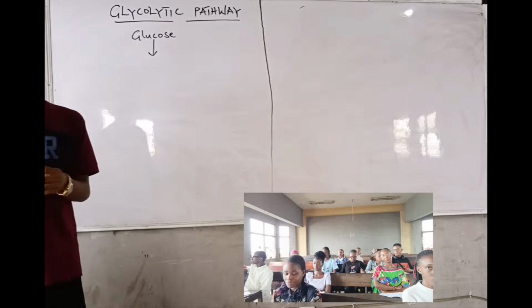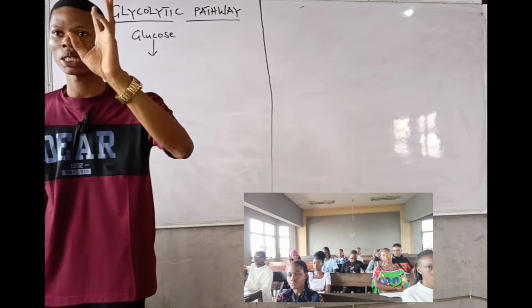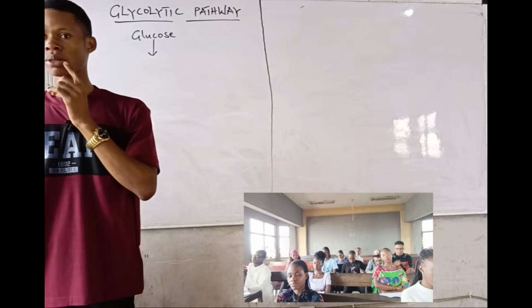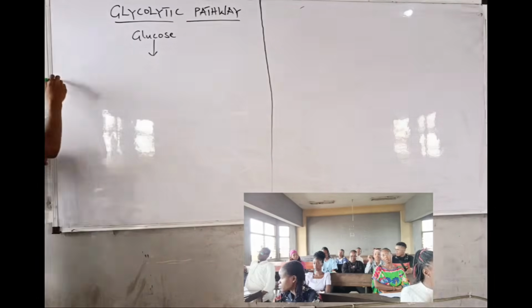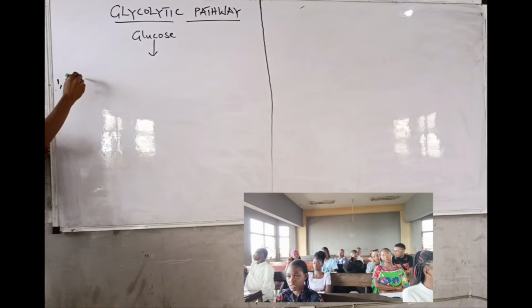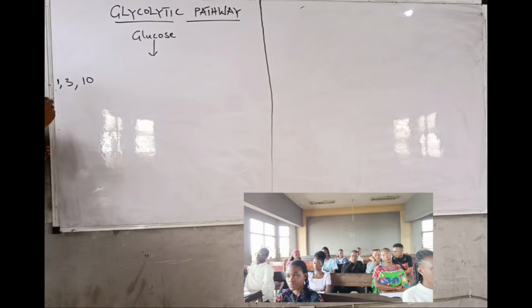Now, there are 3 irreversible steps in the glycolytic pathway. Steps 1, step 3, and step what? 10. Those are the 3 irreversible steps in glycolysis. And recall that if I write the arrow like this, is it reversible or irreversible? Irreversible, right? Just one side.